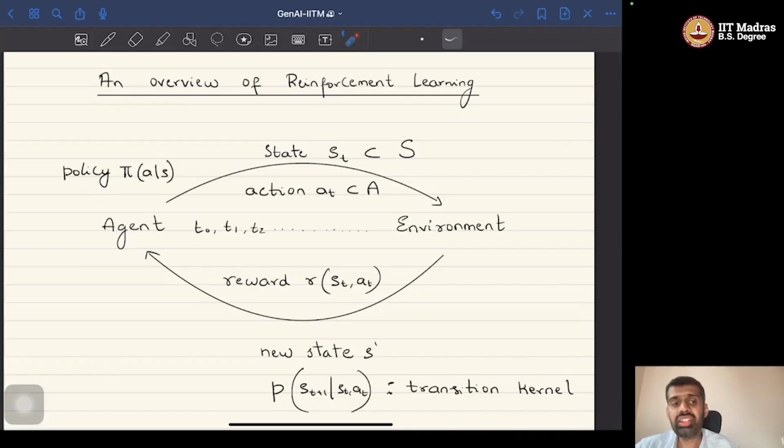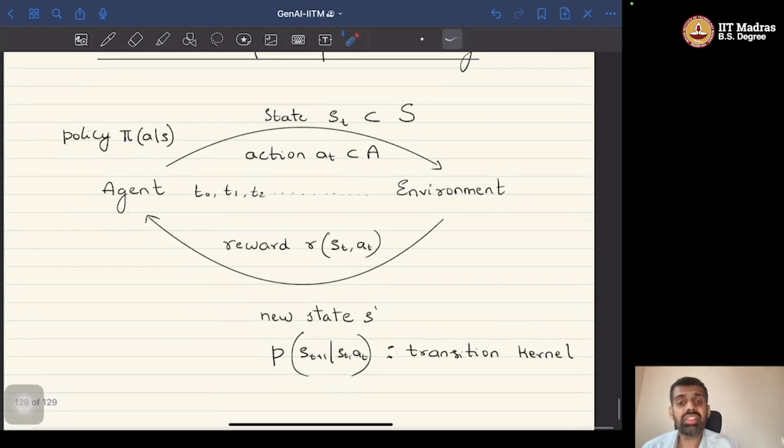Now, once the agent performs a particular action, the environment responds back by providing it feedback that is quantified by a function called the reward function. The reward function gives you a real number from the cross product of the state space and the action space. That is, when the agent takes an action A_t being at state S_t, the environment gives back the reward R of S_t, A_t.